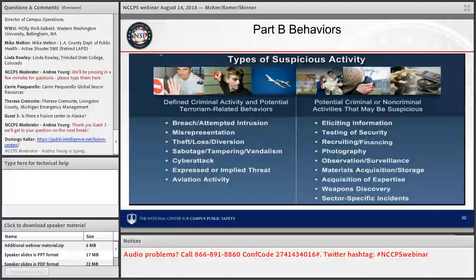So in the national discussion that has occurred since 9/11 and analyzing the terrorist threat, this has been what the threat picture has been boiled down to as what we think are the prime indicators and behaviors, categorically speaking, that we need to inform the public on, and also that we need to utilize as we manage this idea of sharing this information throughout the NSI community. Slide 31, please.